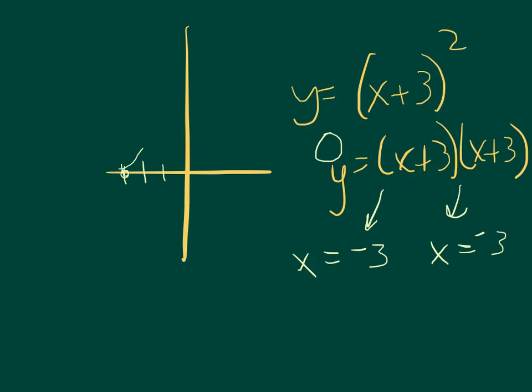Because it's a 1 in the front, I know I go over 1 and up 1, or over 2 and up 4, like this, and then I have my nice symmetry over here also. So one of the many cool things about perfect square trinomials is that they sit right on the x-axis, which is really nice.